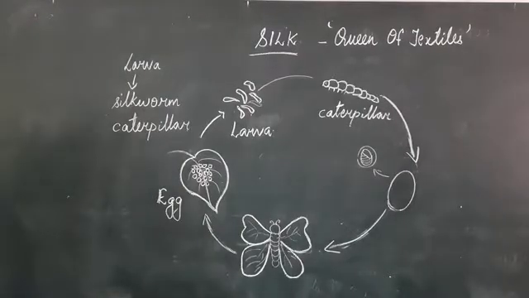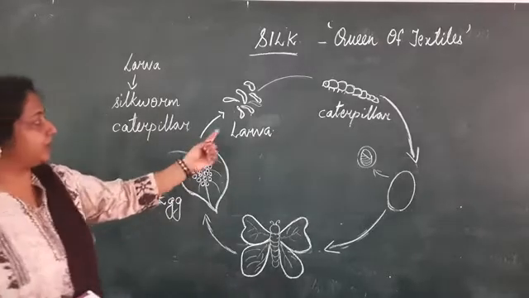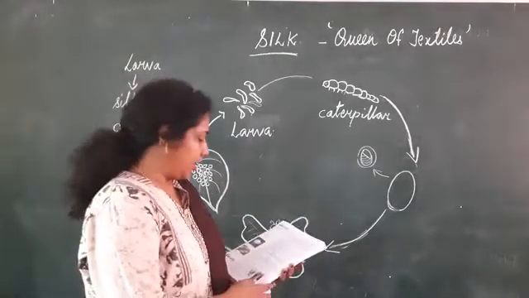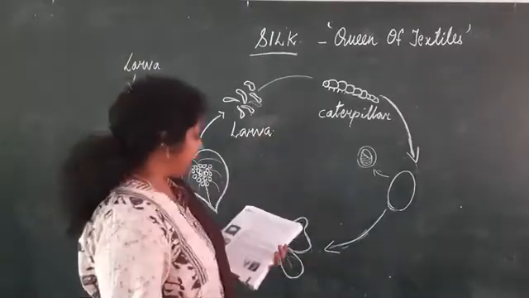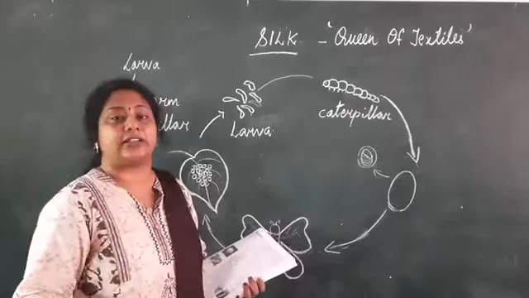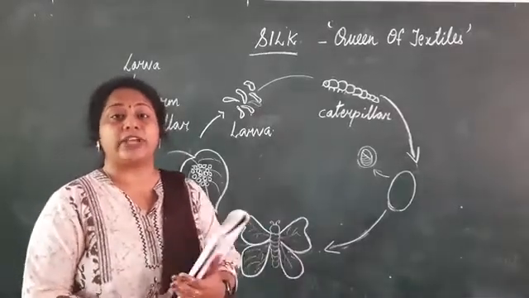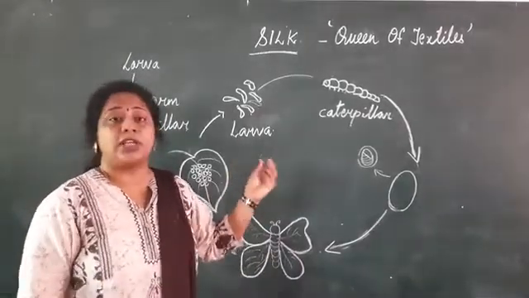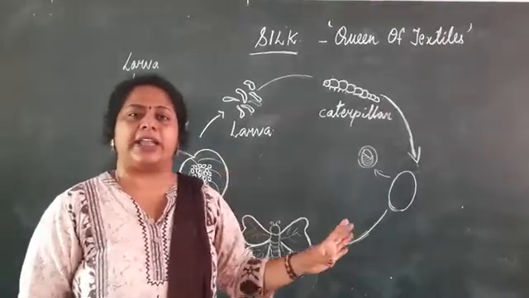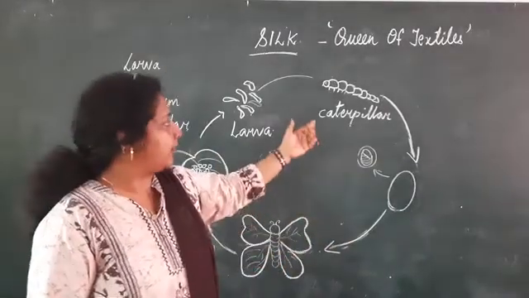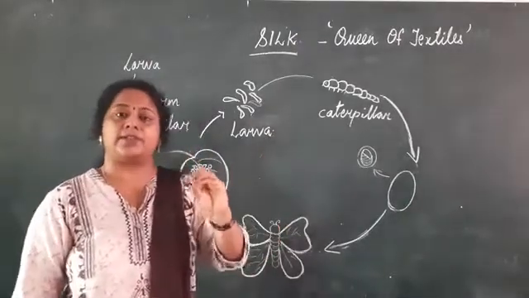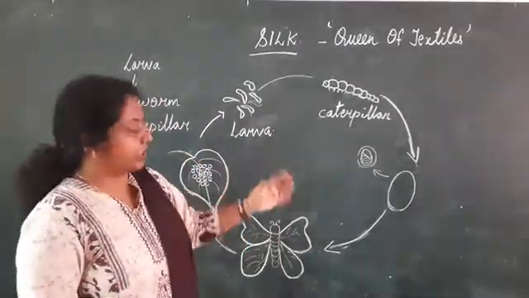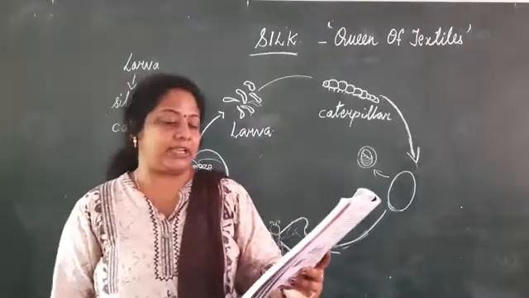Now, after almost 35 days, they keep on eating and eating, and they are very ferocious eaters of mulberry leaf. Ferocious means they keep on eating day and night, continuously खाते रहते हैं. Mulberry leaves को ही वो खाते हैं.